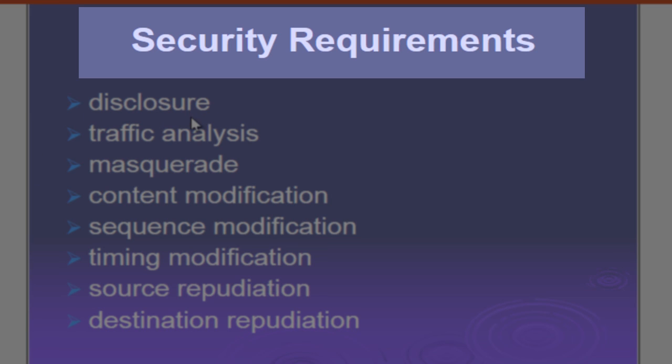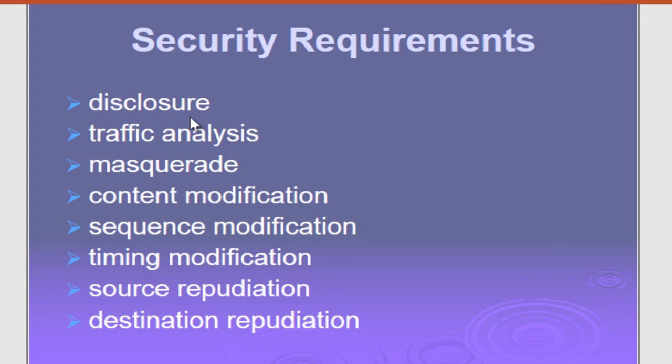The first one is disclosure. You should ensure your message is not disclosed. It has to be kept secret, so that is called disclosure. You have to make your message confidential. Next, traffic analysis, which we discussed in the second chapter.